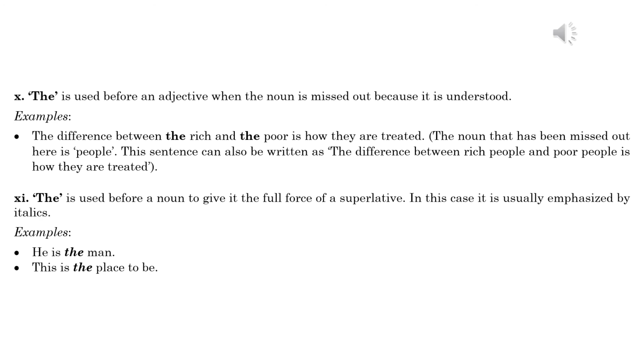The is used before an adjective when the noun is missed out because it is understood. Examples: The difference between the rich and the poor is how they are treated. The noun that has been missed out here is people. This sentence can also be written as: The difference between rich people and poor people is how they are treated.